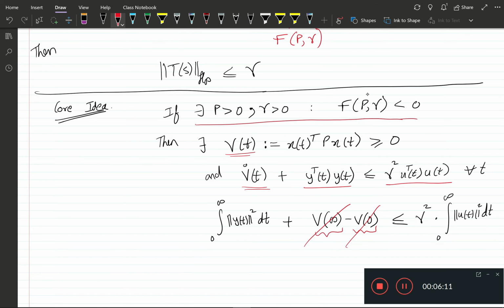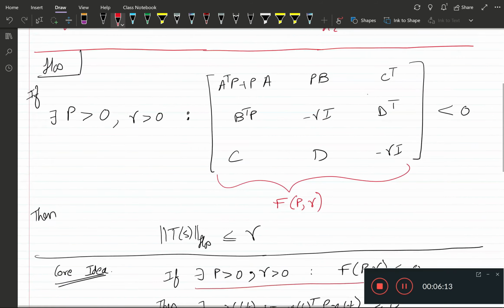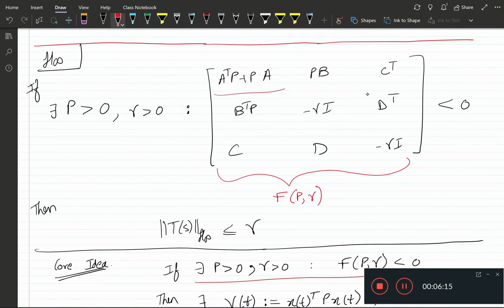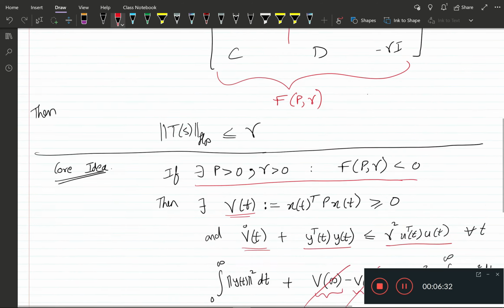Moreover, because of this LMI, we also indirectly ensure stability because we have A transpose P plus PA in the 1 1 block, and for this matrix f of P comma gamma to be negative definite, the 1 1 block also has to be negative definite.